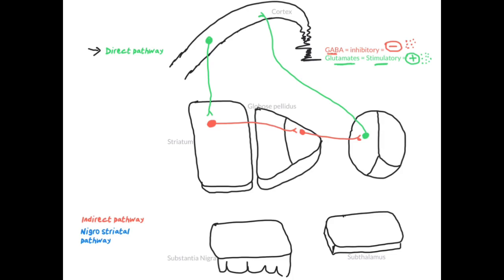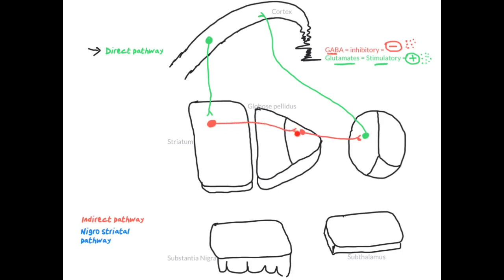When the direct pathway is not stimulated, when there is no intended action or task and you're at rest, there is no stimulus to these neurons and no action potential coming down to release the glutamate and stimulate the neurons in the striatum. So at rest, no glutamate, no stimulation.